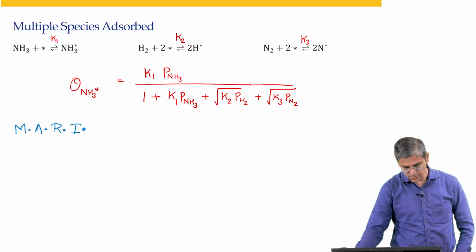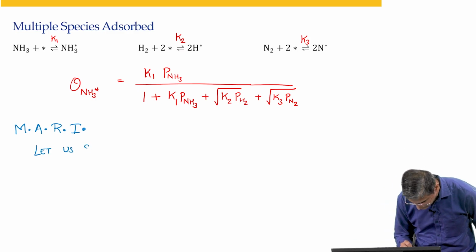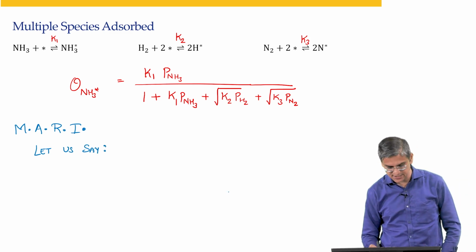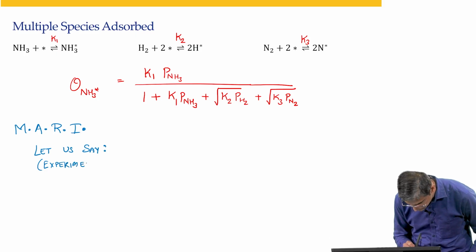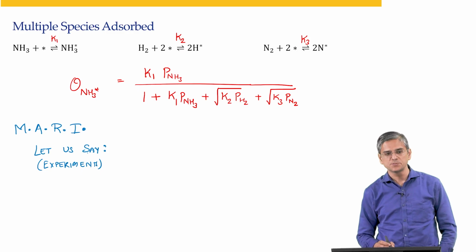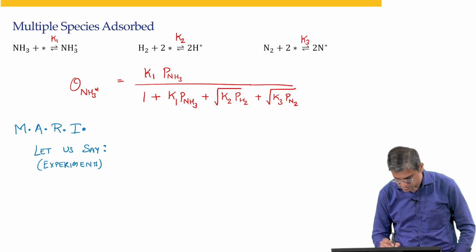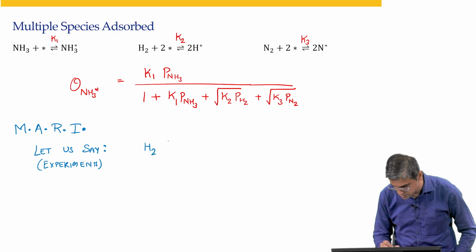Let us say that through some surface science experiments, we were shown that the only species that is covering the surface is hydrogen.